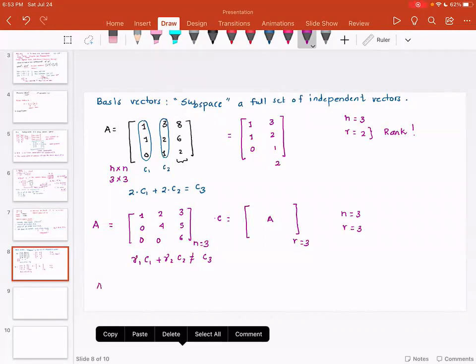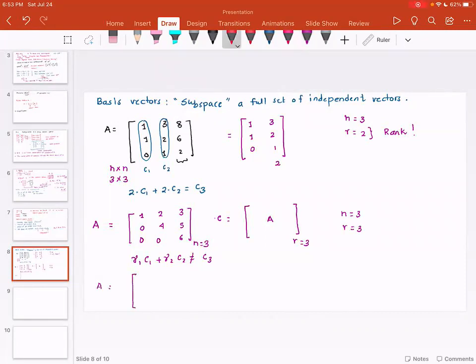The last example is if I have something like 1, 1, 1, 2, 2, 2, 5, 5, 5. As you can see, the second column is nothing but 2 times the first column, so C2 is equal to 2 times C1.